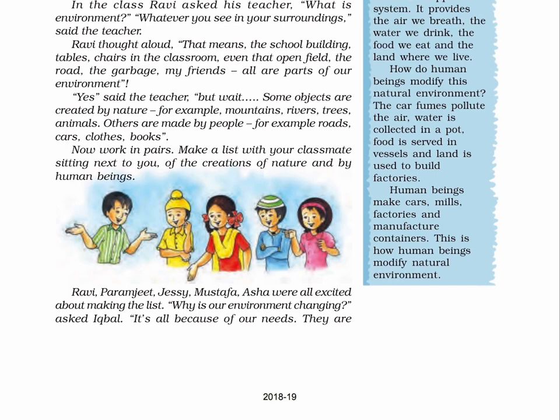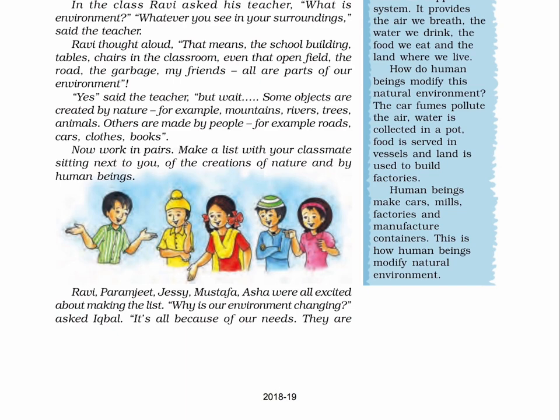Below this text, we have the picture of Ravi, Paramjeet, Jesse, Mustafa, and Asha, who all seem very happy. Below the picture is the text: Ravi, Paramjeet, Jesse, Mustafa, Asha were all excited about making the list.